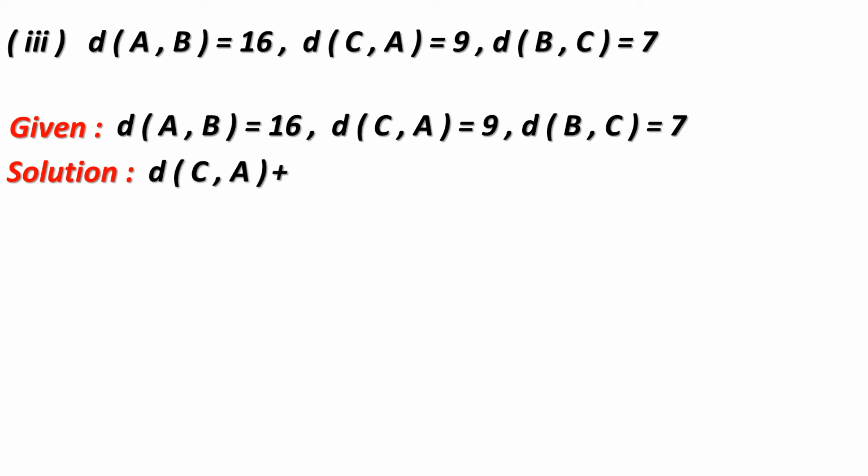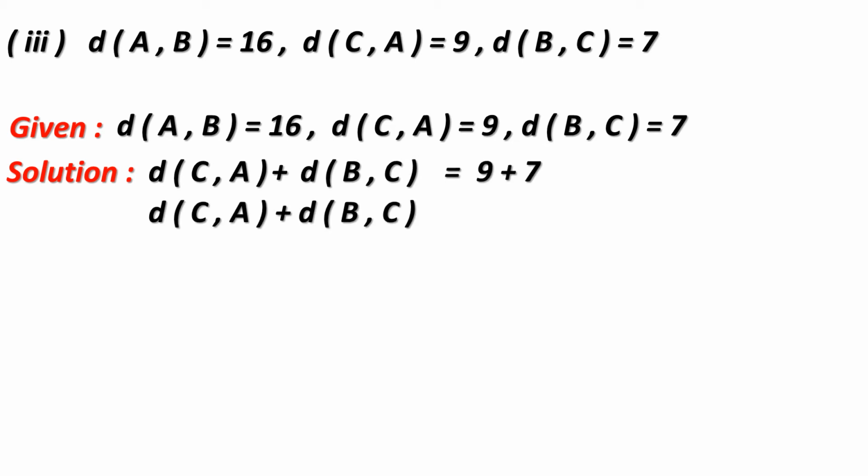So distance CA plus distance BC equals 9 plus 7. Distance CA plus distance BC equals 16. We'll consider this step as equation number 1. Now we'll compare the sum of these two smaller distances with the greater one, that is 16.